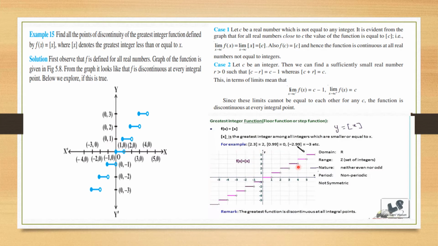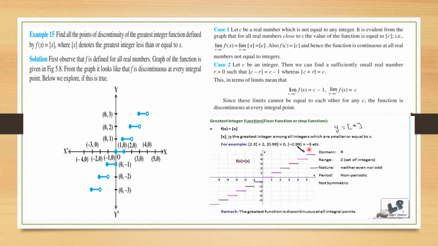So for the right side, see carefully, 2.3 is coming out to be 2, 0.99 is coming out as 0. Means if we are evaluating at point 2, it will be the same as 2, and at 0 it will be the same as 0. But for the left side, if we are evaluating at -2, it comes out as -2 minus 1, that is -3.